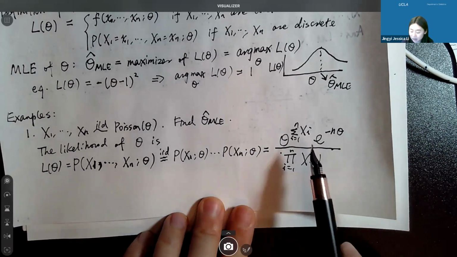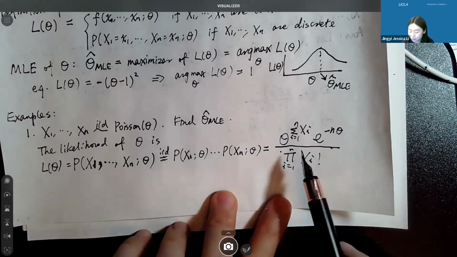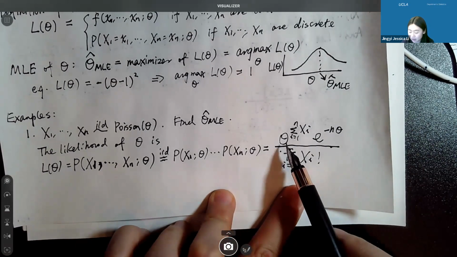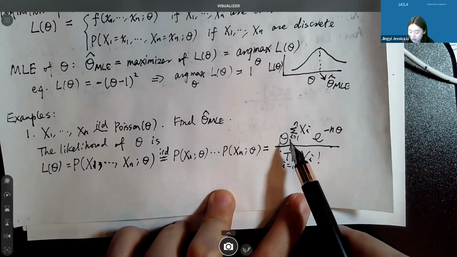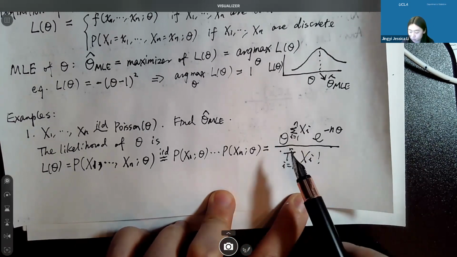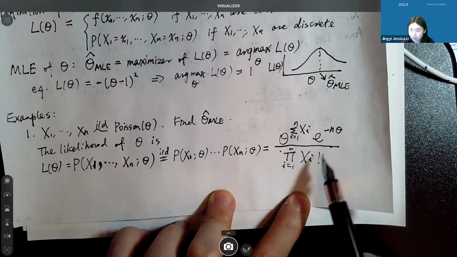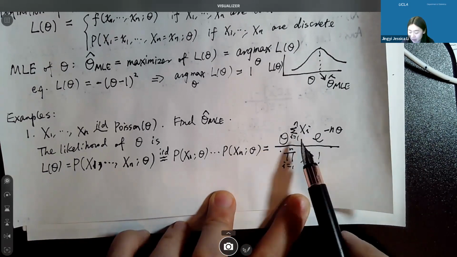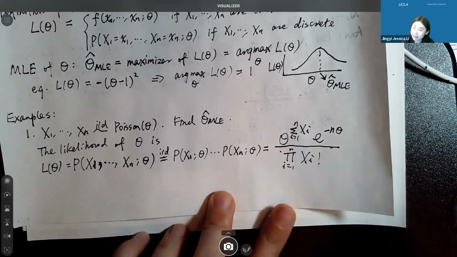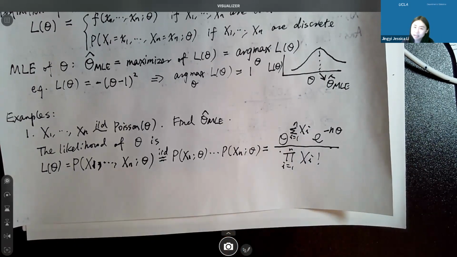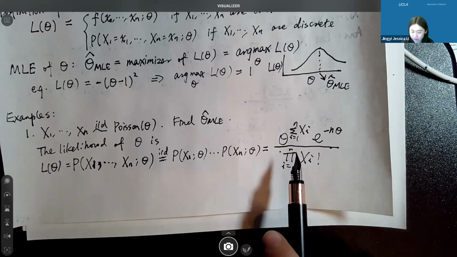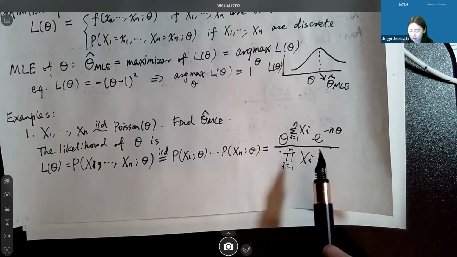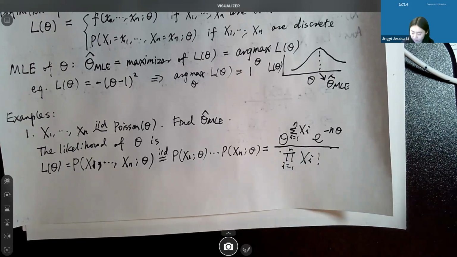If we find the value of theta that maximizes this expression, the maximizer should depend on big X1 to big Xn. So this is consistent with our saying that the estimator is a function of our random sample, because our random sample is X1 to Xn.